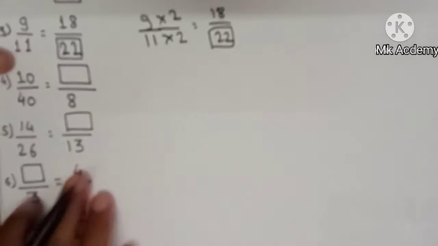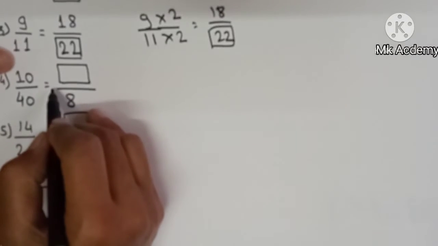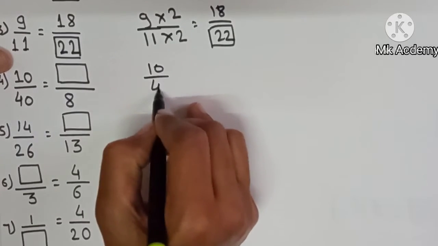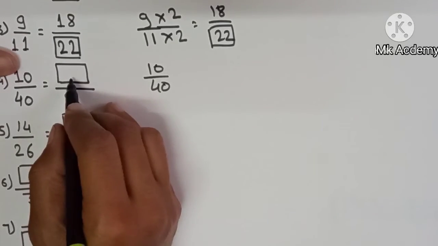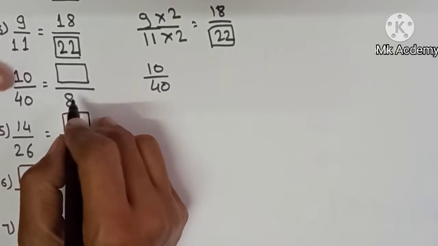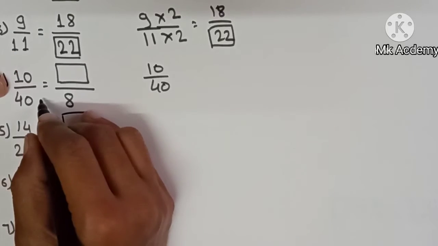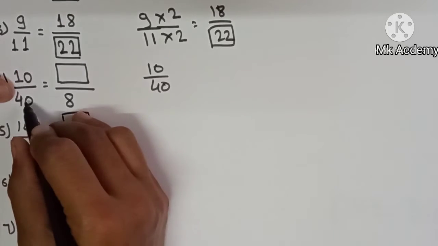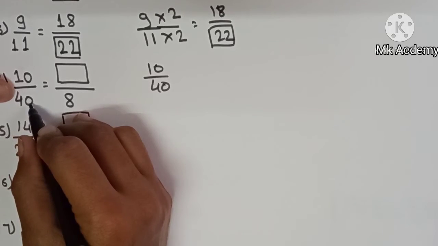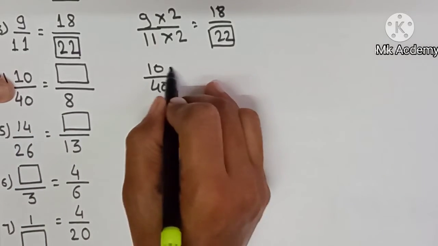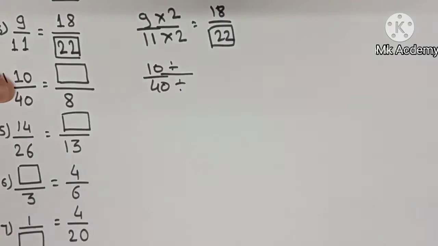Now example number 4, 10 by 14 is equal to box upon 8. Here we are given 8, a smaller number, so here we have to divide. Here we have to divide this 40 to get 8.